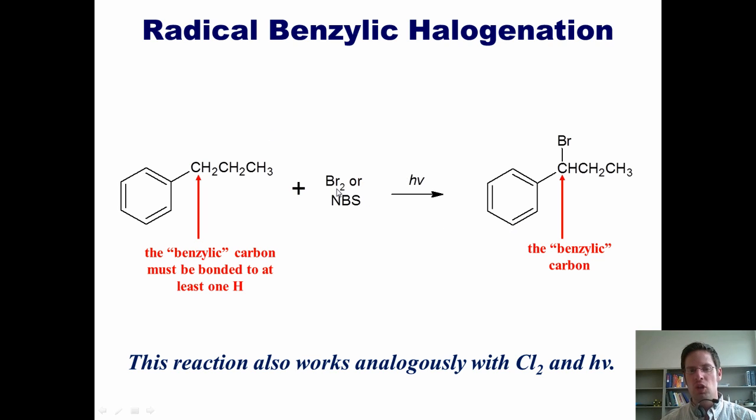Remember, if I take Br2 and I use an iron catalyst, FeBr3, it'll put a bromine on the ring. If I just use Br2 or NBS and light, it puts a bromine on the benzylic position. So those are two different reactions that you should contrast and keep straight in your mind. And the second thing I wish to point out once again is that you can substitute a chlorine for bromine by treating it with Cl2 and light.